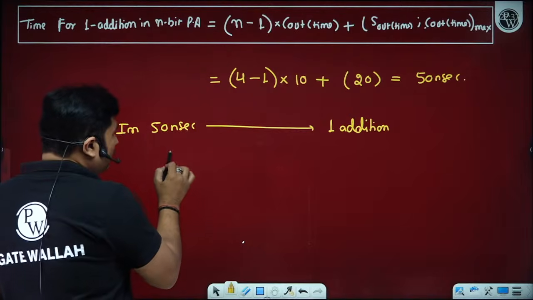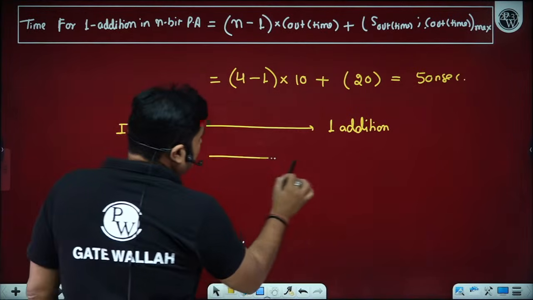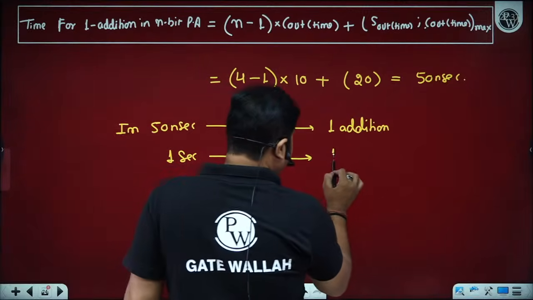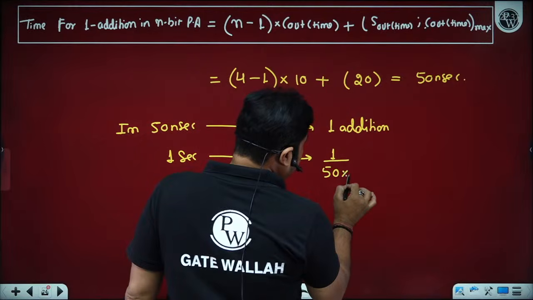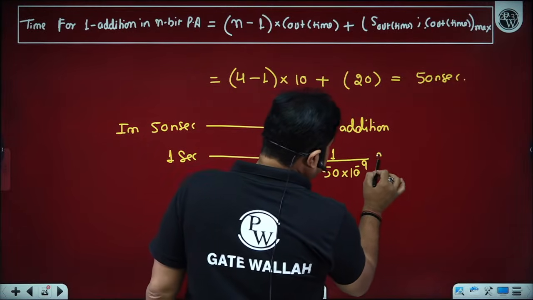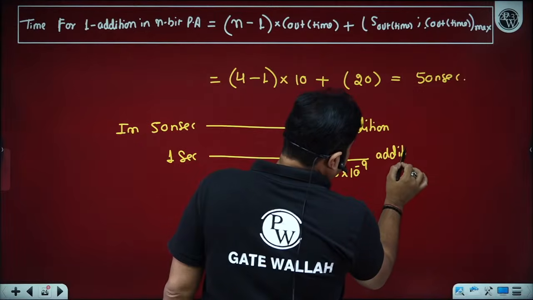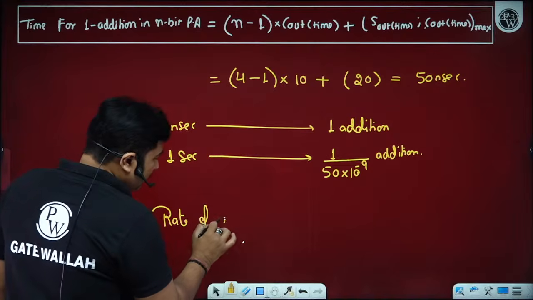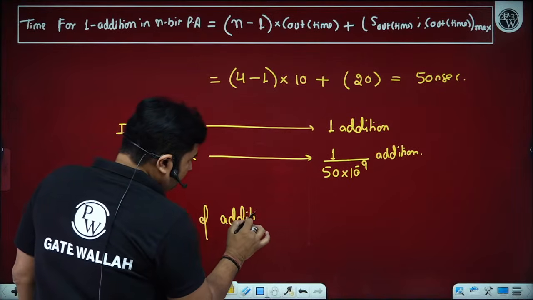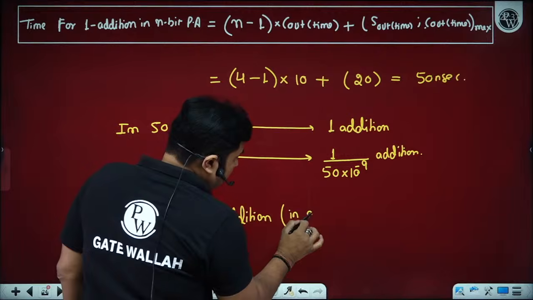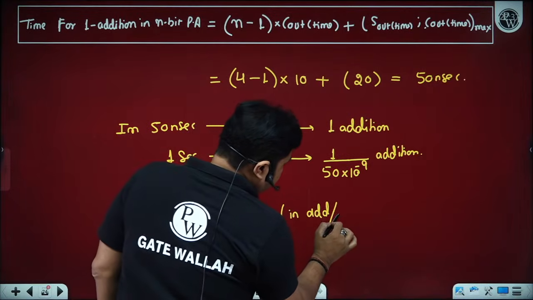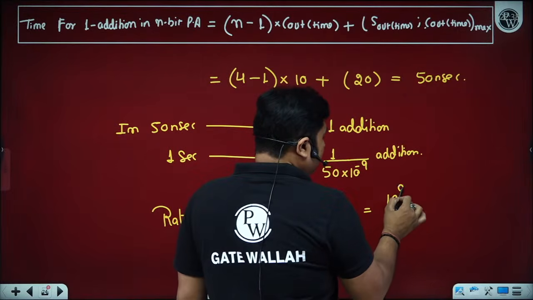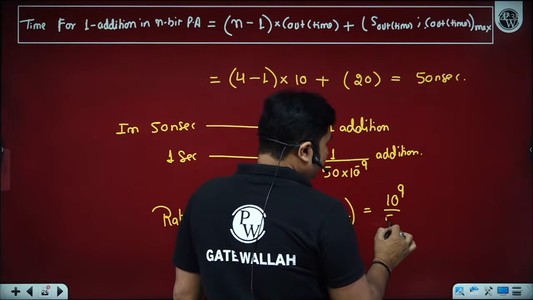If we talk about 1 second, because we have to calculate the rate of addition, it means the number of additions per second. So this will become 1 upon 50 nanoseconds, 10 to the power of minus 9. What is the rate of addition? Rate of addition in additions per second will become 10 to the power of 9 by 50.